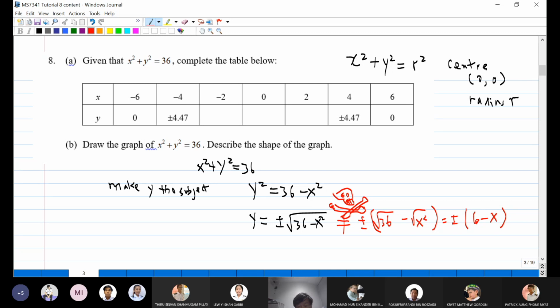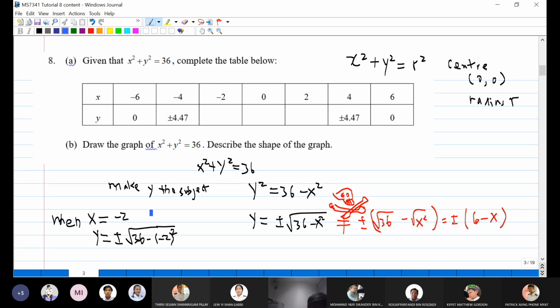So now we are given x equal to minus 2. Let's see, when x equal to minus 2, y equal to what now? Plus or minus square root of 36 minus, you must put a bracket here, minus 2 squared.